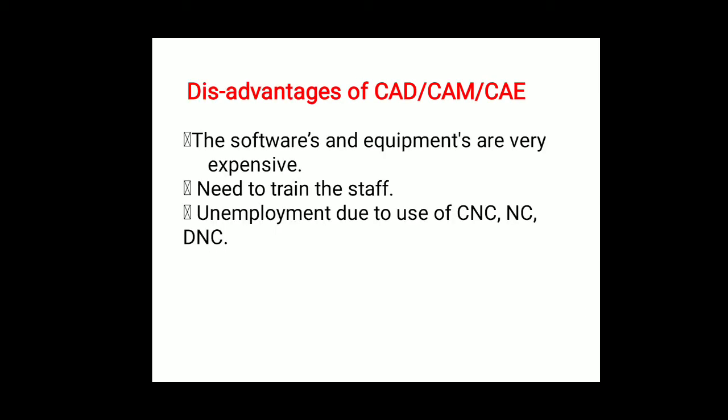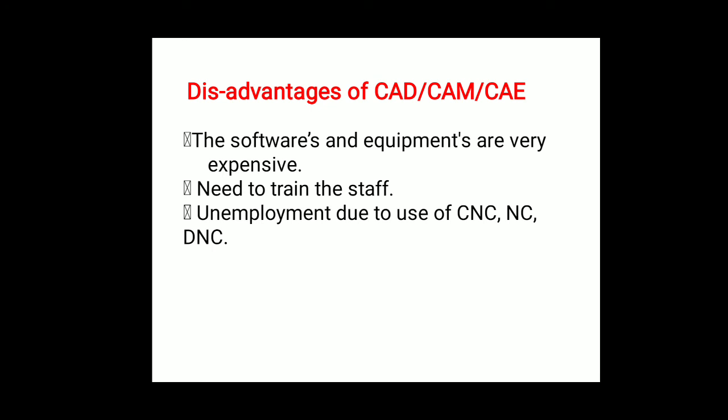Next point is the disadvantages of the CAD CAM CAE system. First, the software and equipment are very expensive. By using this CAD CAM CAE automation system, it will be highly costly, so it is expensive for any company.